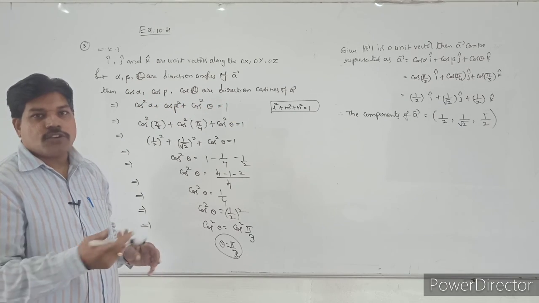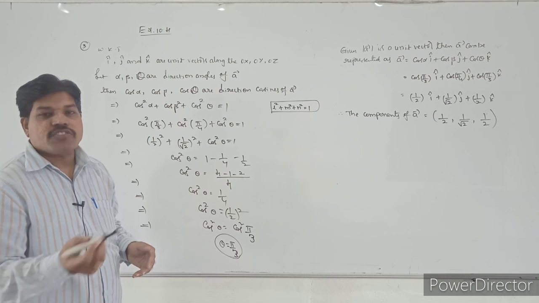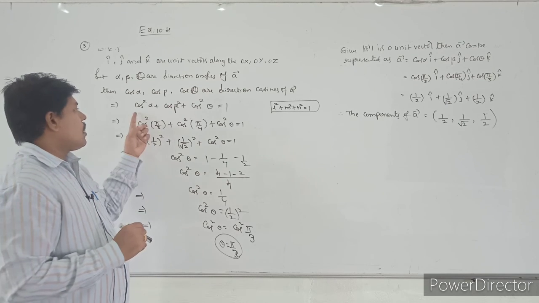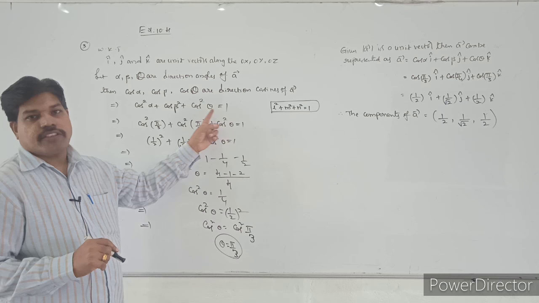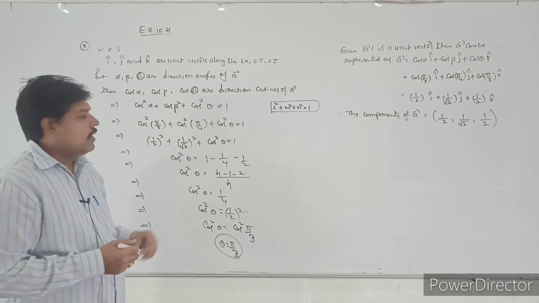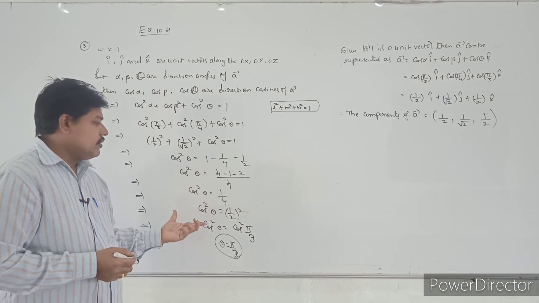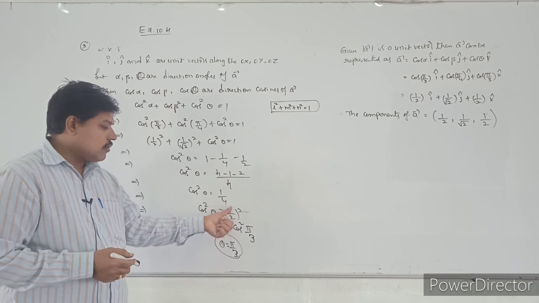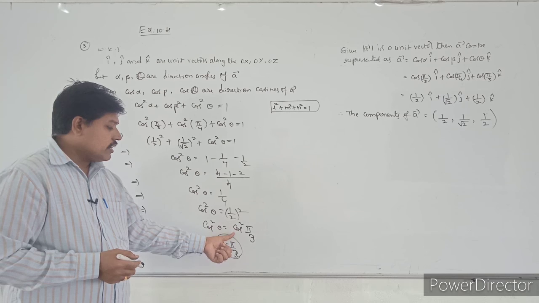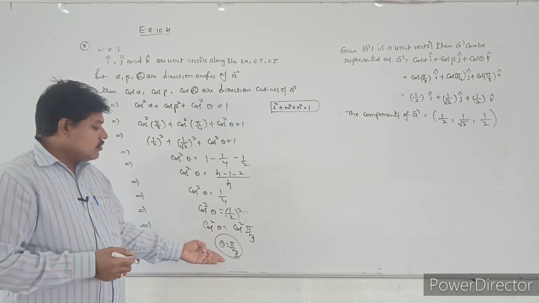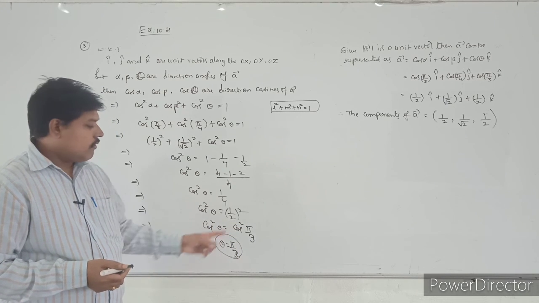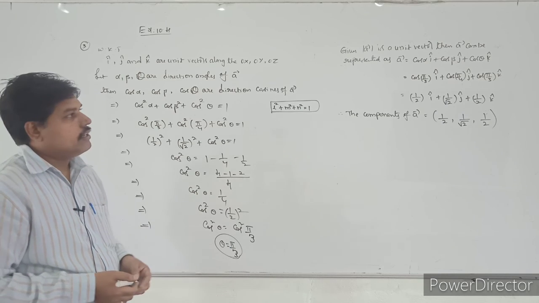If l, m, n are direction cosines, l square plus m square plus n square will become 1. So cos square alpha plus cos square beta plus cos square theta will become 1 only. Cos square alpha and beta values are already given. Just substitute the values and you will get cos square theta is equal to 1 by 2 whole square. So cos square theta is equal to cos square pi by 3, so theta is equal to pi by 3 only. 1 by 2 is nothing but cos 60 degrees.